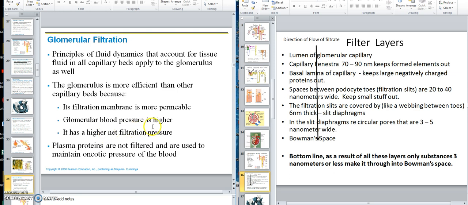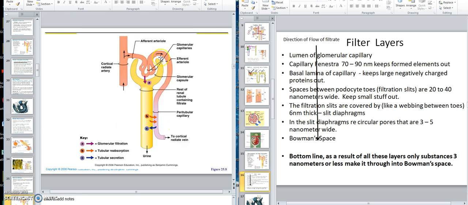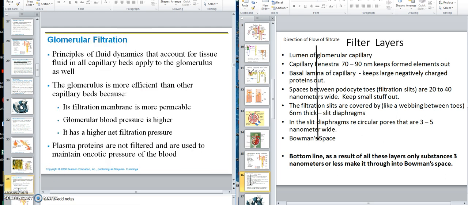The glomerular blood pressure is high. Why? Because I just explained that efferent or afferent arteriolar advantage to be able to push the fluid out, right? So it has a higher net filtration pressure. Remember the net filtration pressure we talked heavily about in the blood vessel chapter.